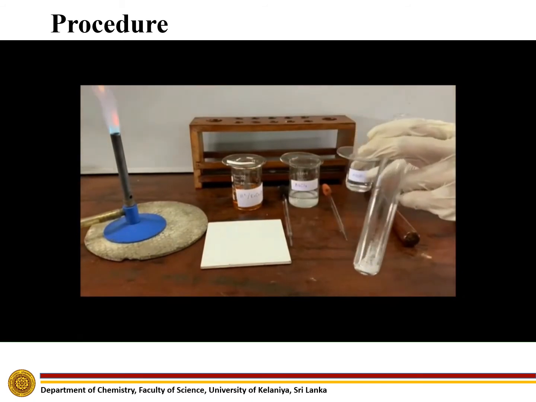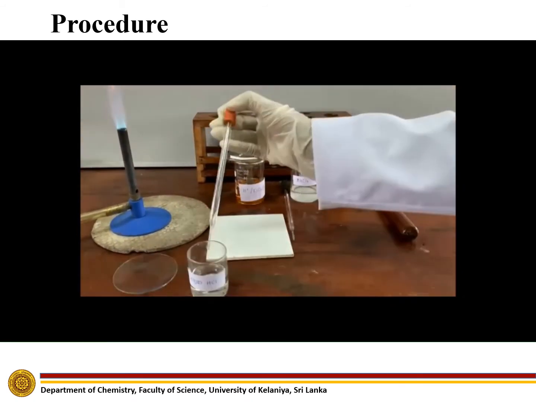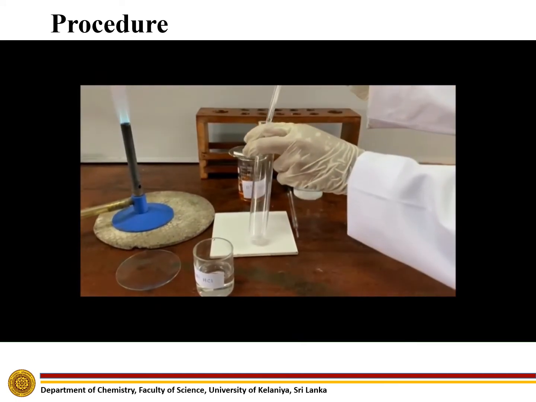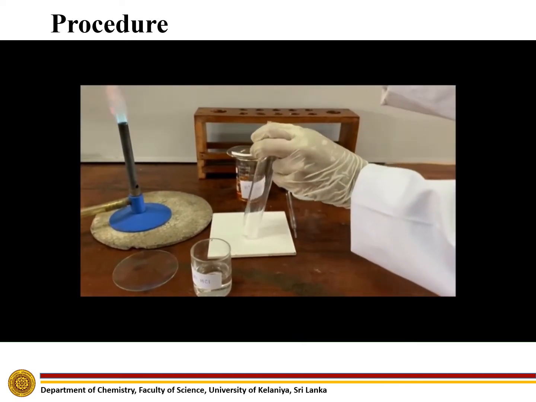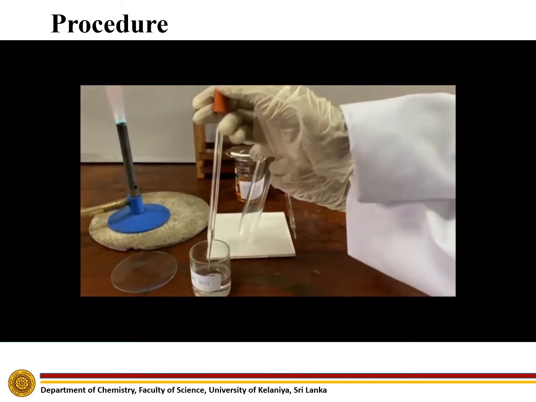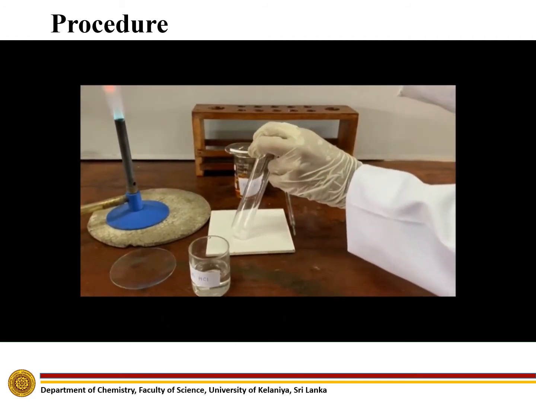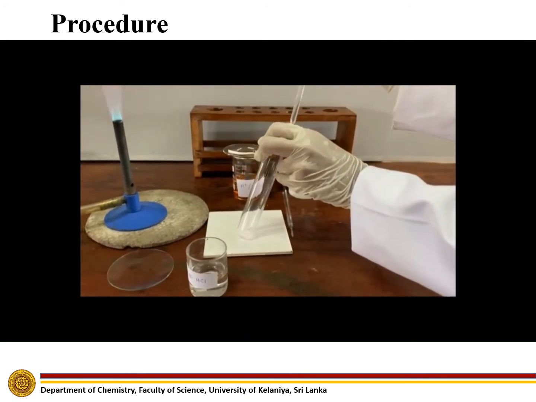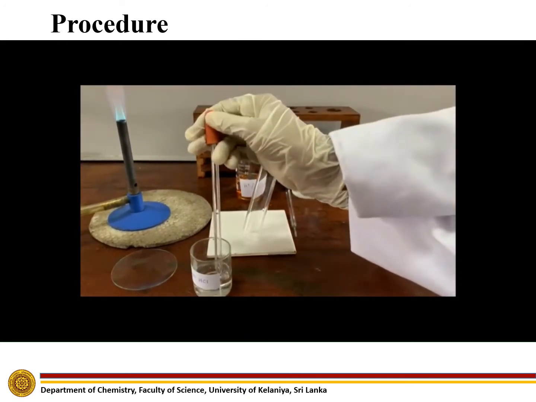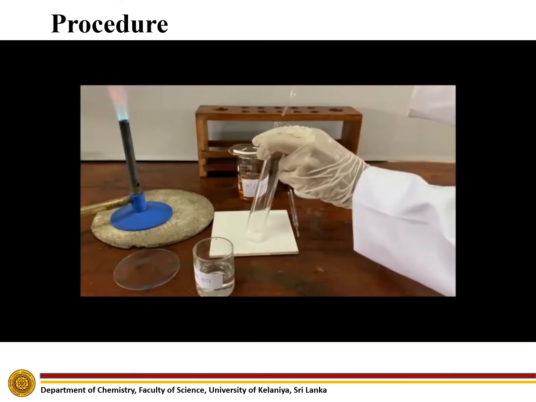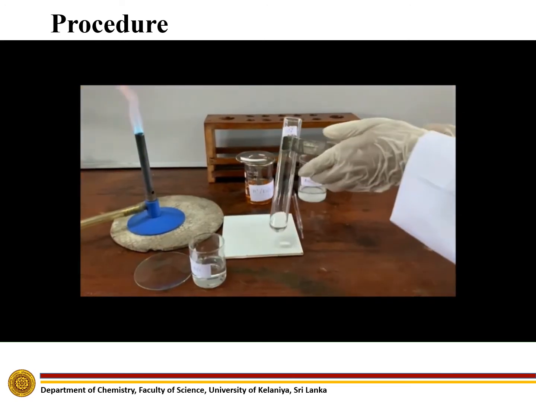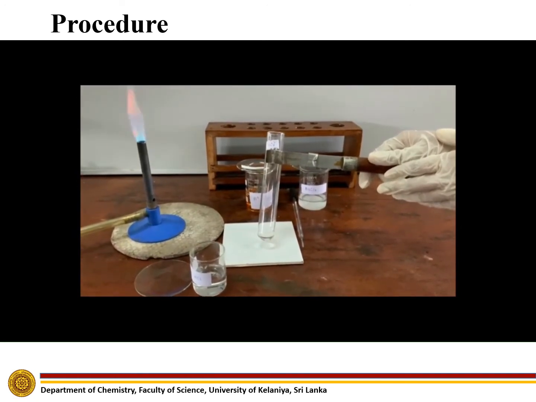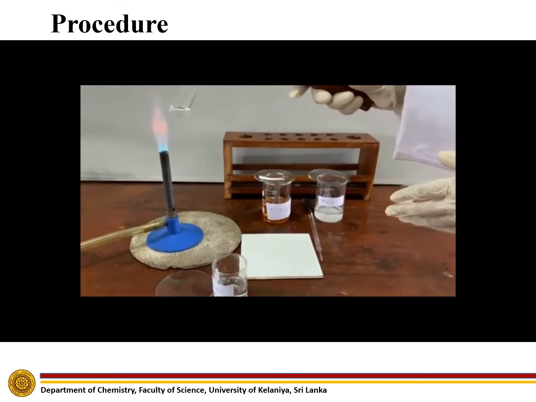A powder of sulfite ions has been given to you. Dissolve it using dilute hydrochloric acid. Then heat the mixture for several minutes.